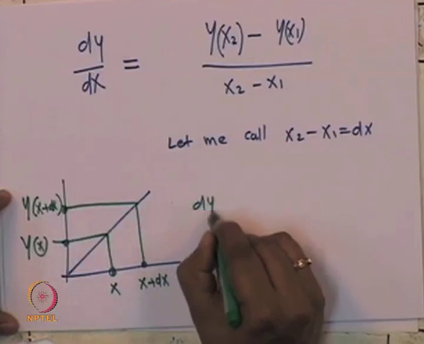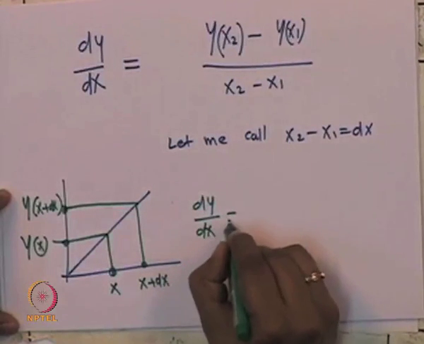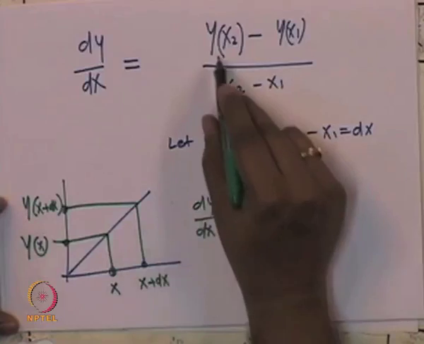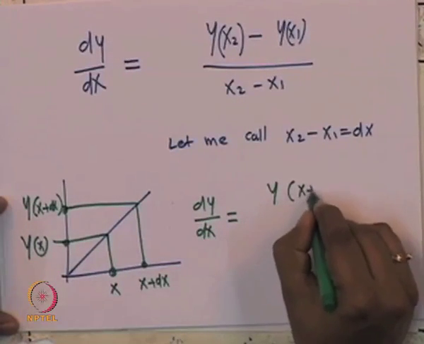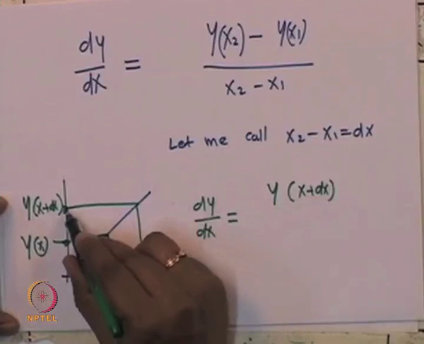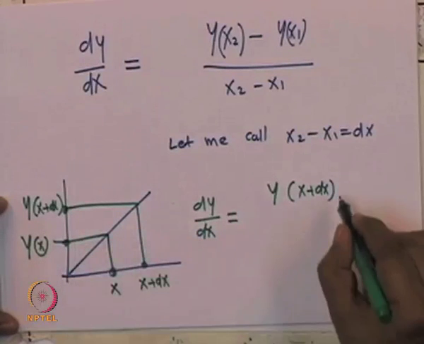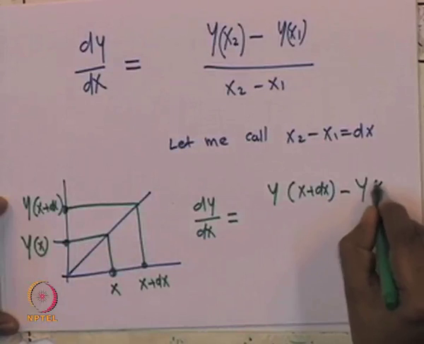I can write dy by dx equal to y of x2 minus y of x1, which is like y of x plus dx, which is this point, minus this point, y of x.